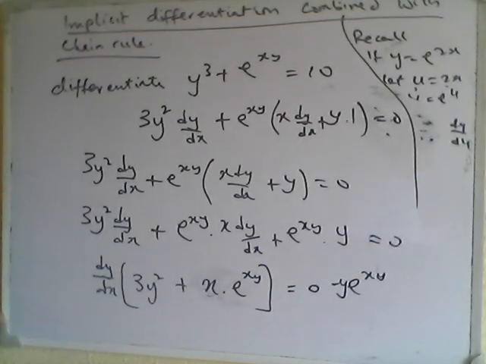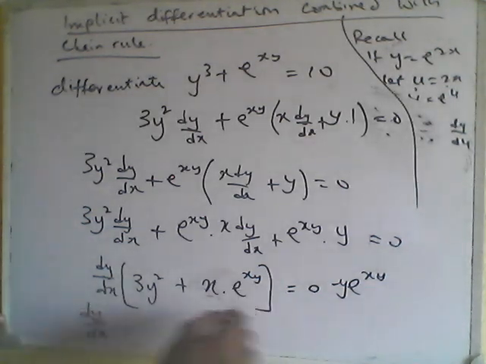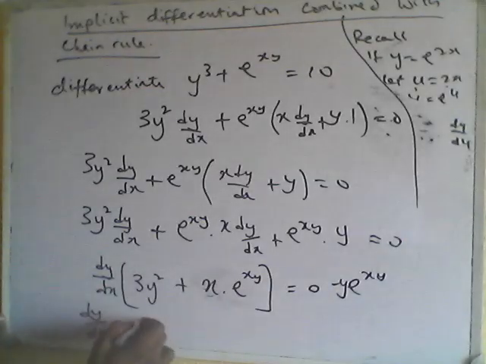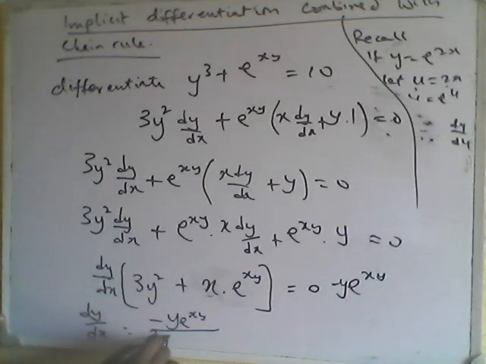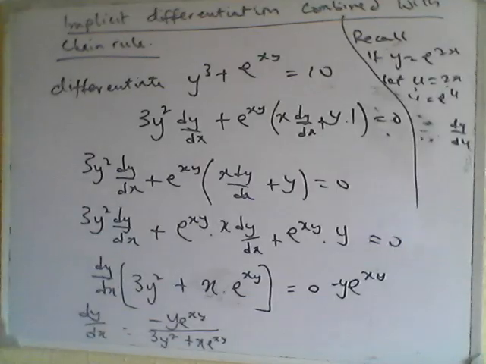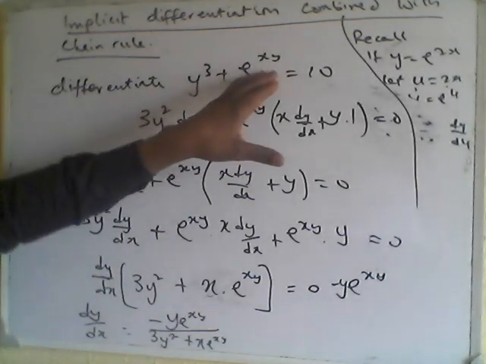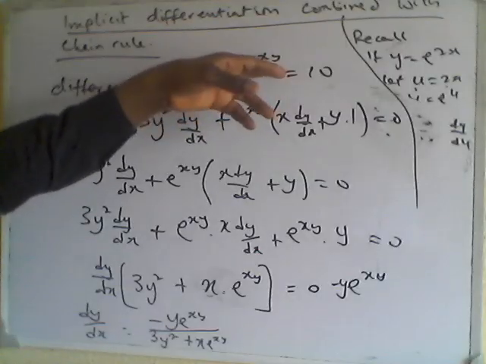I will say dy/dx equals minus y exponential xy, all over 3y squared plus x exponential xy. So this is the answer for that differentiation. You need to know how to apply the rules.